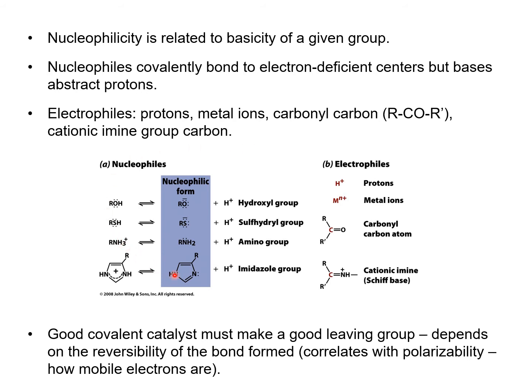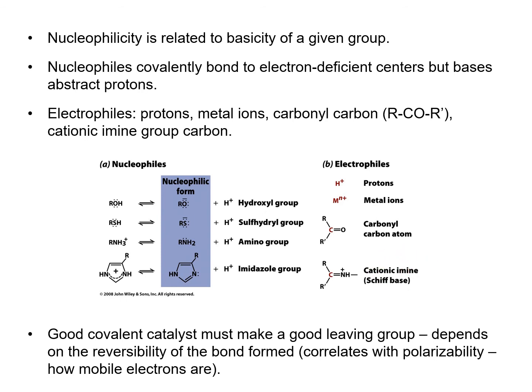Here are some examples of nucleophiles and electrophiles. Some examples include molecules that contain hydroxyl group, sulfhydryl group, amino group, as well as imidazole. And examples for the electrophiles would be protons, metal ions, carbonyl carbon, as well as cationic imine group carbon.